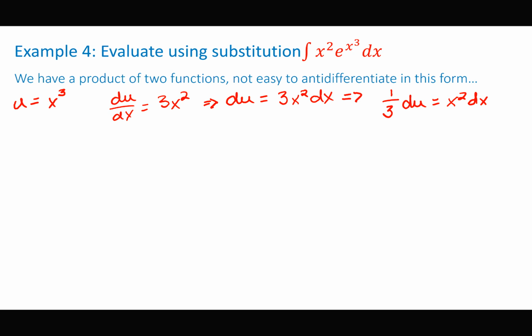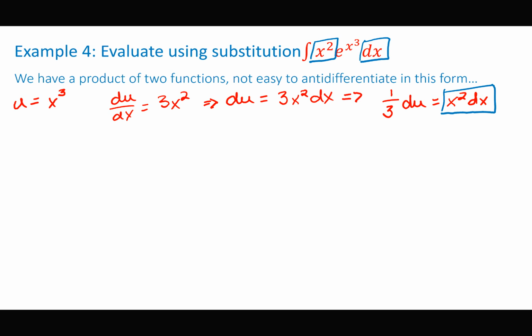Now, this treats them as equivalent. Don't treat this as an equation you're trying to solve. We're saying 1/3 du is the same thing as x squared dx. And there's value in getting this to be just x squared dx, because we already have up here an x squared, and we already have a dx.